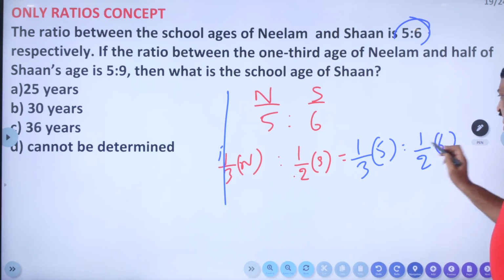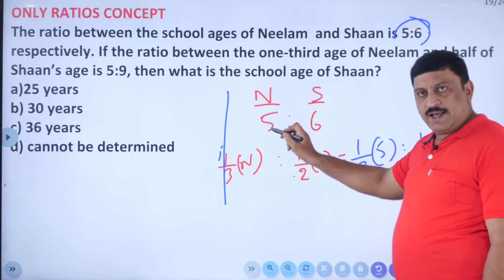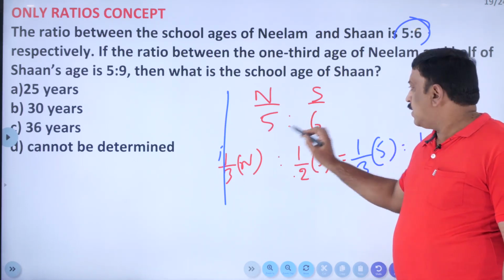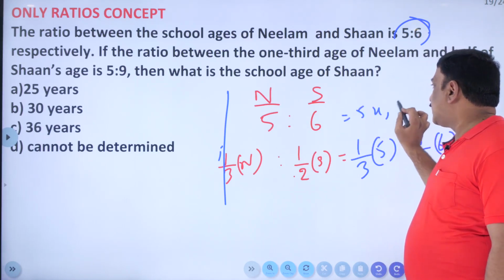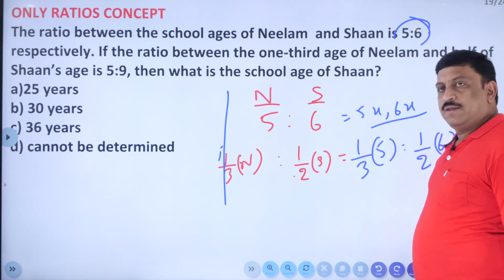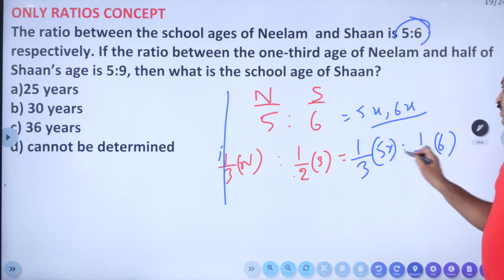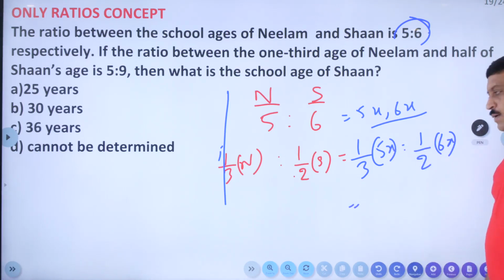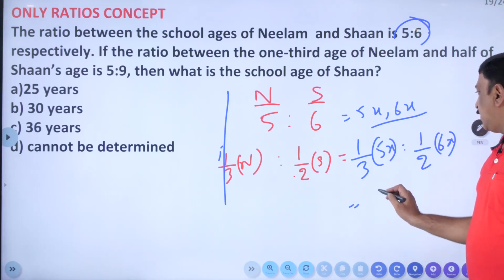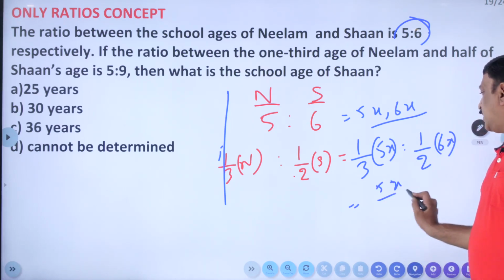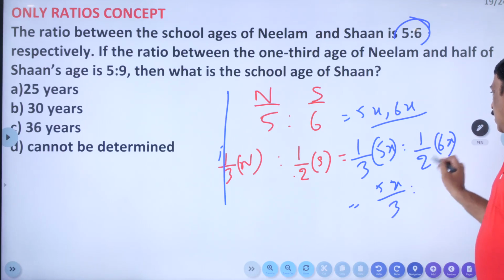The same, 6x actually. If this is the case, there will be 5x and 6x, no? In the same way, 1/3 of 5x and 1/2 of 6x. What will you get here? See, 5x by 3 and this is 3x.